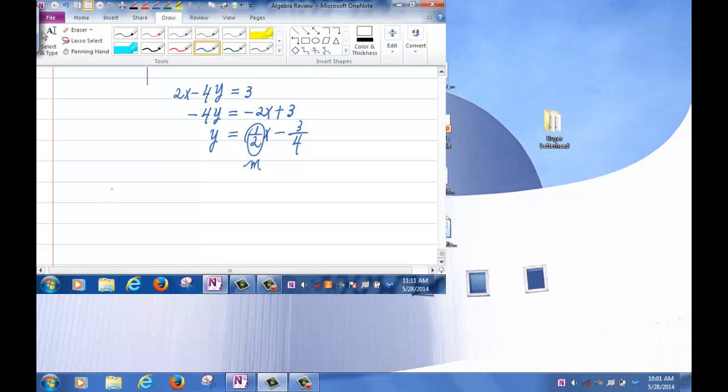The equation of the line going through 2, negative 5 with slope half.